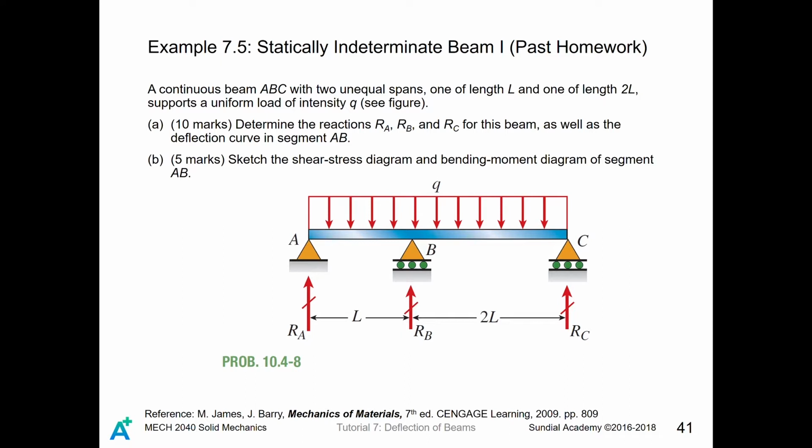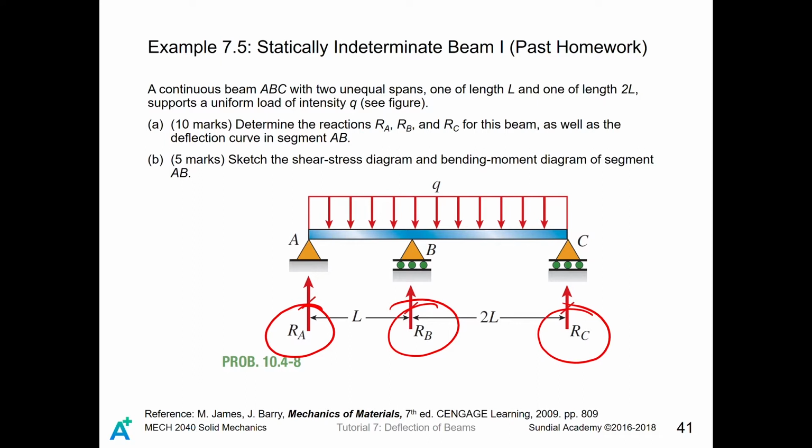So now we can see that there are three unknowns in this problem, RA, RB, and RC. However, here we only have two equations. One is the moment equilibrium and another one is about the force equilibrium along the vertical axis.